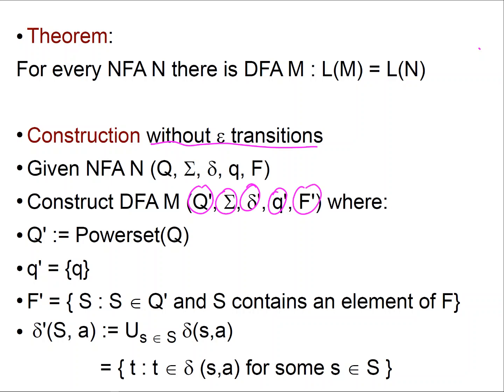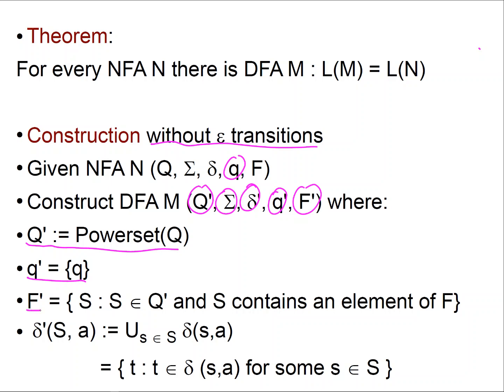Okay, so Q prime will be, unsurprisingly, the power set of Q. So it will have a lot more states than N. The start state will be just the set containing q, where q is the start state in N.